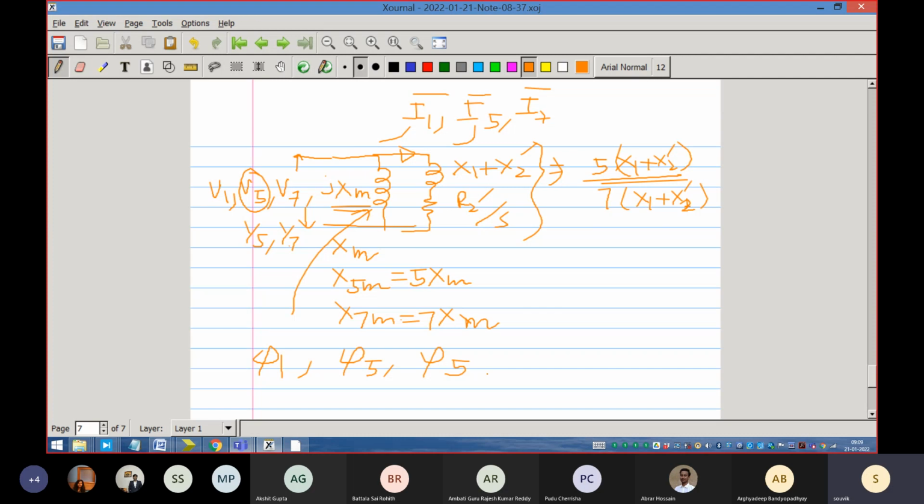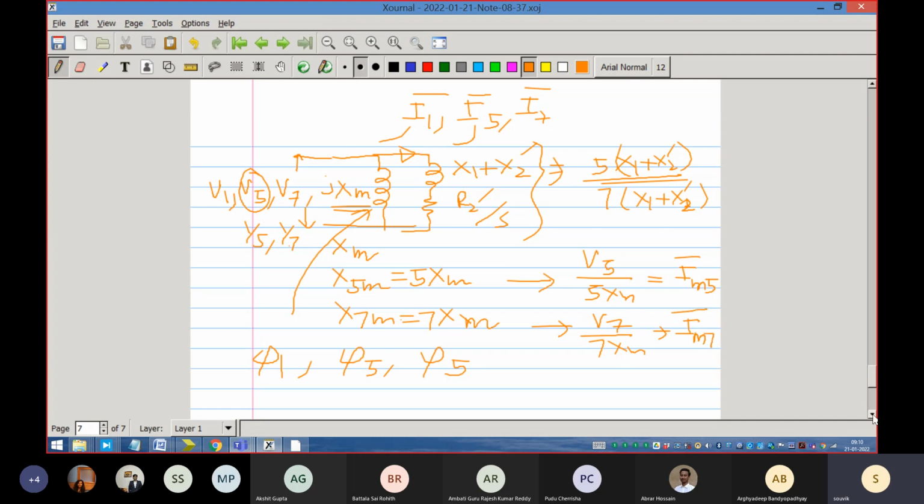So we will get a fifth harmonic magnetizing current, which produces V5 by 5 XM. Fifth harmonic magnetizing current corresponds to the flux. Similarly, here it will be V7 divided by 7 XM, which corresponds to the seventh harmonic magnetizing current, right?